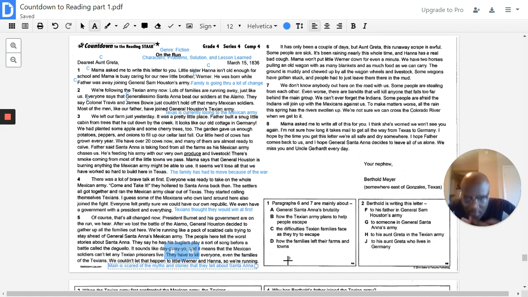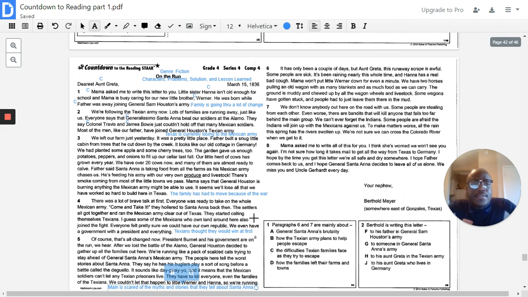And we say myths and stories because when we look back here, it says the people here tell the worst stories about Santa Anna. So, indeed, some of these things might not be true. It's just stories that President Burnet and others like General Houston told to get people riled up about the war.